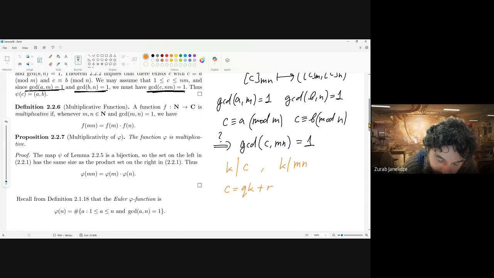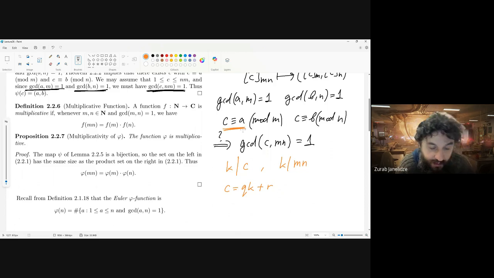And because C is the same as A modulo M, we can also write C as some Q prime times... maybe we can think of it this way.